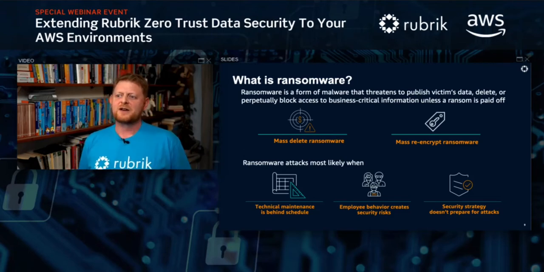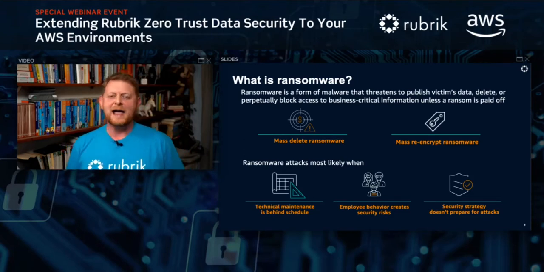And generally a security strategy that isn't prepared for the kinds of attacks that are coming. And these attacks are changing constantly. So just because you read a book about ransomware 2 years ago, the landscape has completely changed. And these are the kind of areas where we really, really see challenges.